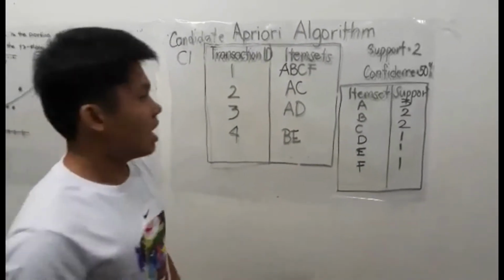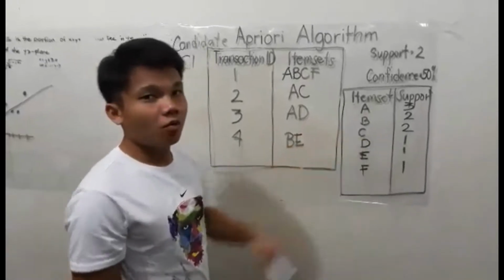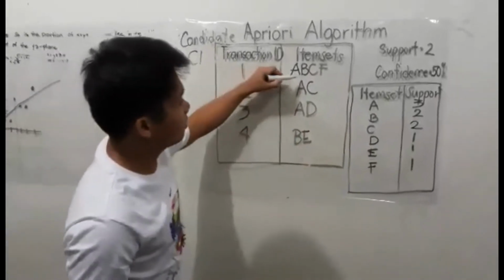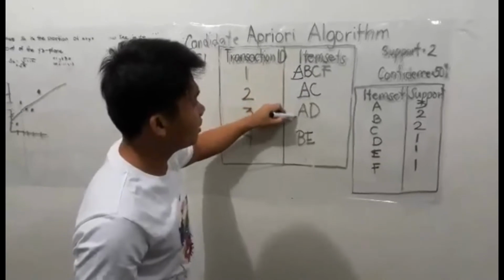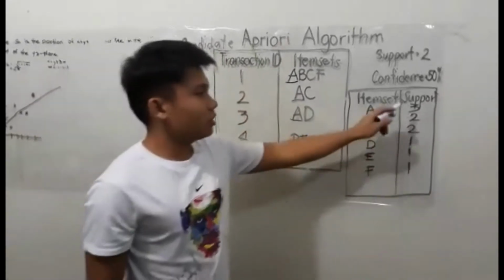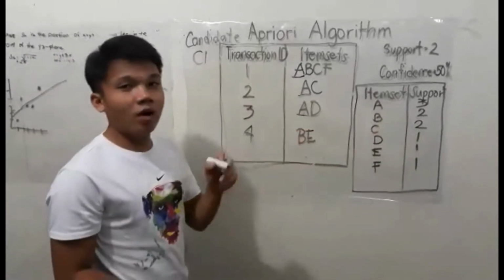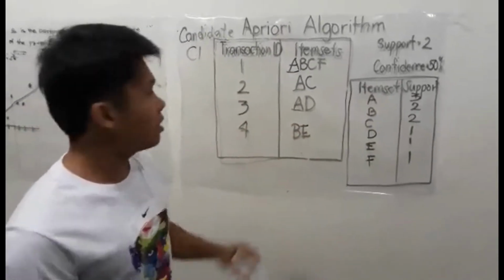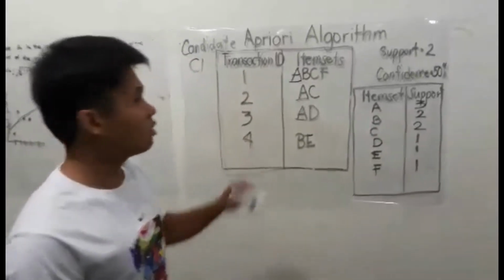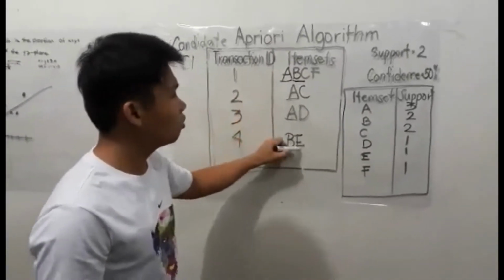As you can see, item set A was repeated 3 times: 1, 2, and 3, which is equivalent to 3 for the support. While item set B was repeated 2 times in the support: 1 and 2.